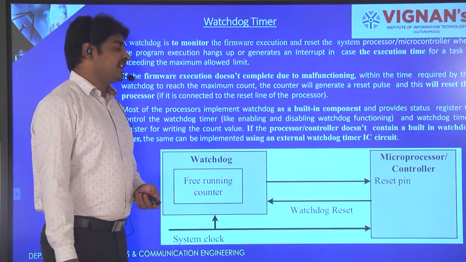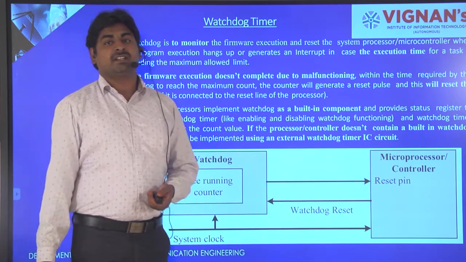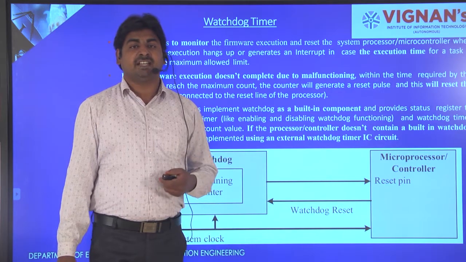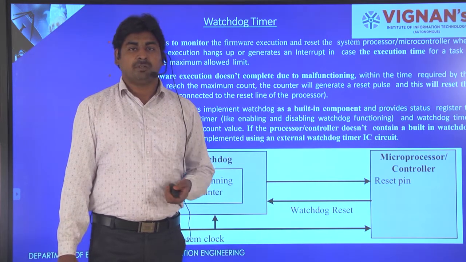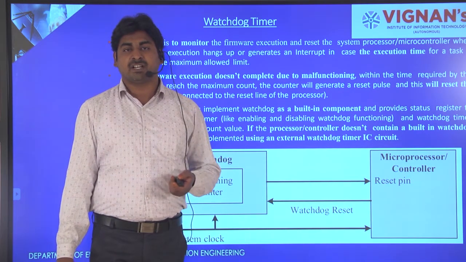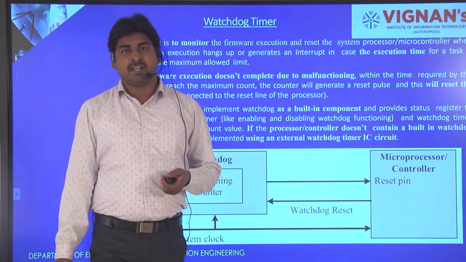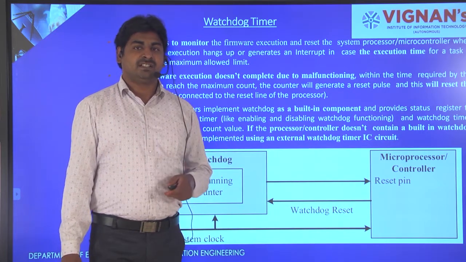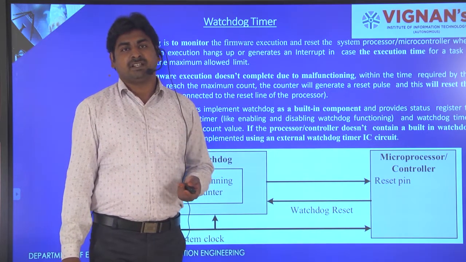Next, watchdog timer. This watchdog timer is used to ensure that the firmware present in the embedded system is working properly. There will be several devices connected to the control unit of the embedded system, and these devices should listen to what the controller is saying.